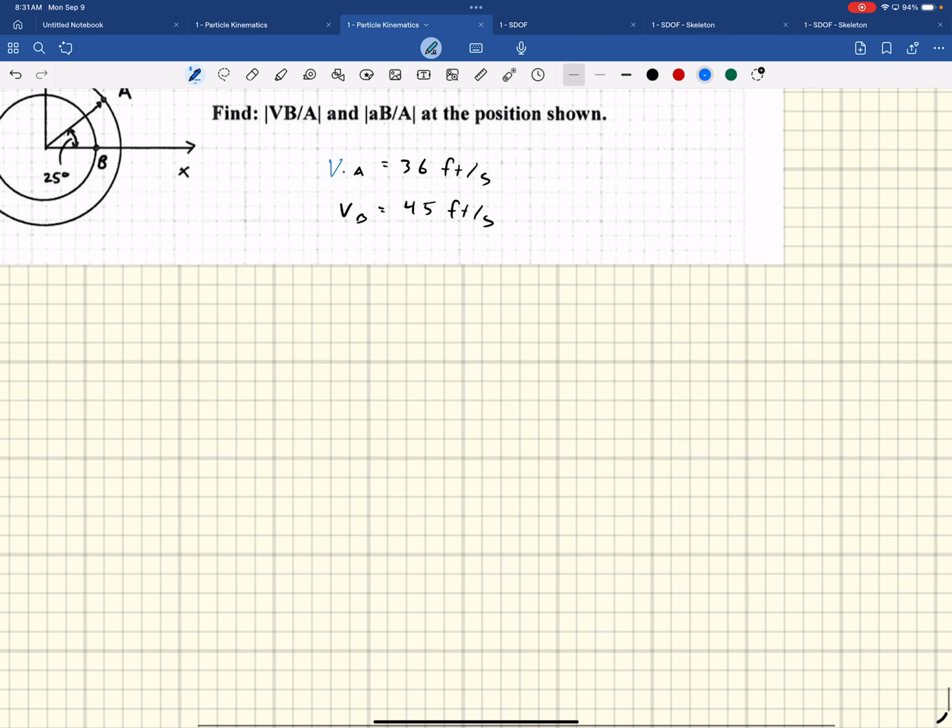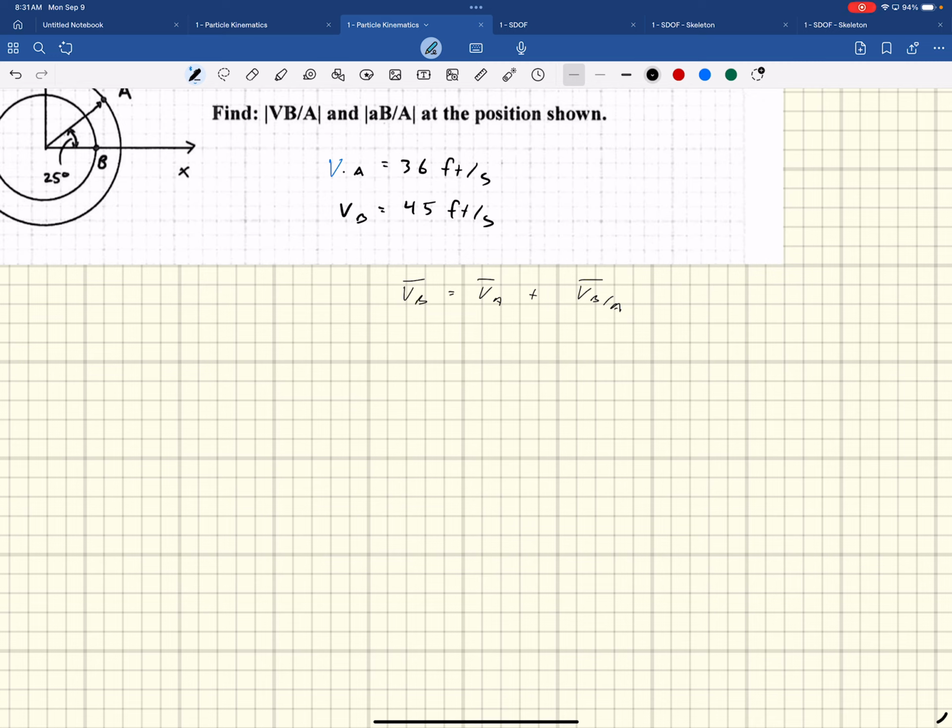All right, so just really quick, to lay out where we're headed. We determined this before: the velocity of B was equal to the velocity of A plus the velocity of B as seen from A, right? That was our definition from before.